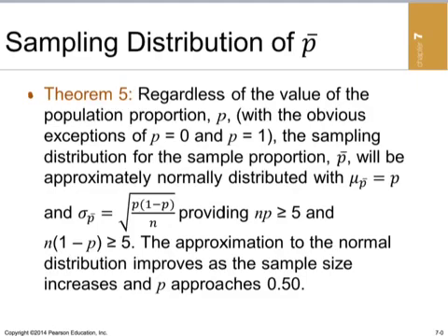So here we have a theorem which helps us now to make the assumption about the sampling distribution of the sample proportion P bar. Theorem 5 says, regardless of the value of the population proportion, with one obvious exception, P is 0 or P is equal to 1. If P is 0, that means there's none in the population that has that attribute, or if P is equal to 1, then all of them have the attribute.